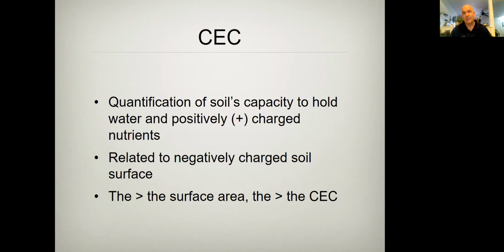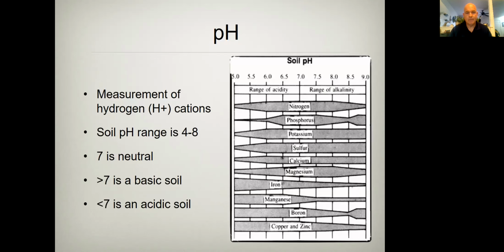So clays and organic matter tend to have large CEC. Sands and silts have very little CEC, in other words, little nutrient holding capacity. It's also related to water holding capacity, similar kind of a thing. So water and nutrient holding capacities tend to be much higher in clays and high organic matter soils than they are in sands or silt soils.